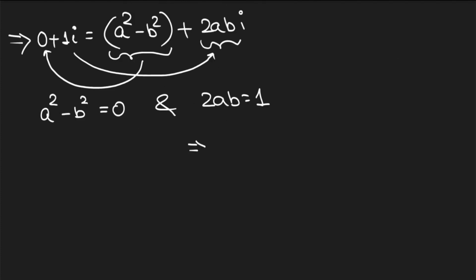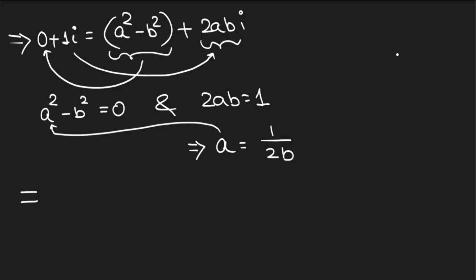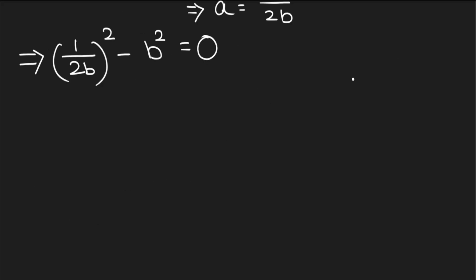From here we can say a is equal to 1 by 2b. Now let us put the value of a in this equation, and we can write this as a square, meaning (1 by 2b) whole square, minus b square is equal to 0. We can write this as 1 by 4b square minus b square is equal to 0.